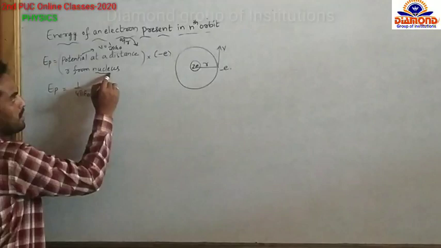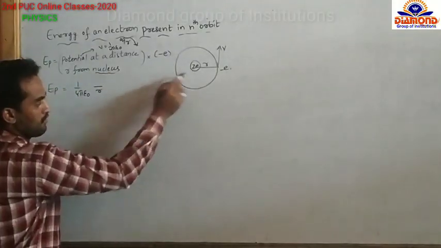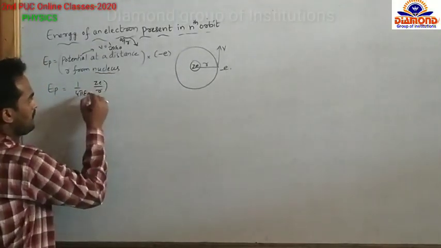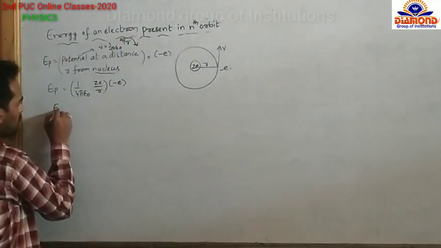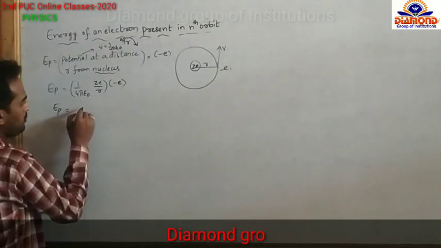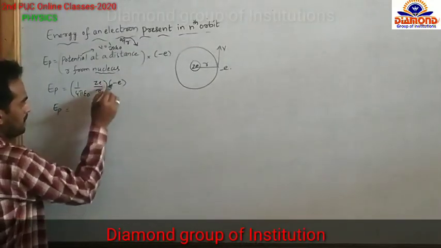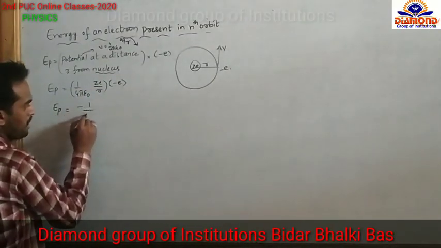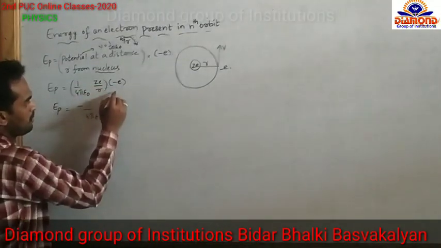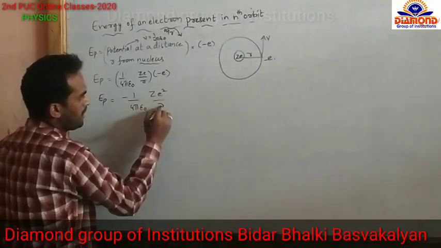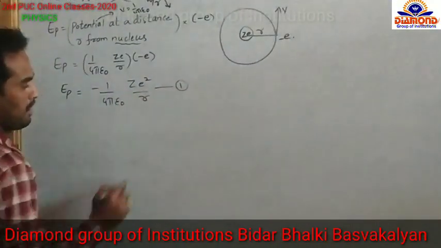Charge of which particle? Nucleus. So what is the charge of the nucleus? That is Ze, into the charge of an electron, minus e. So you can say that Ep equal to, taking this minus here, minus 1 by 4 pi epsilon naught Z e square divided by r. That is equation number 1.